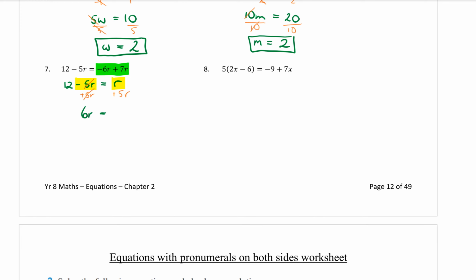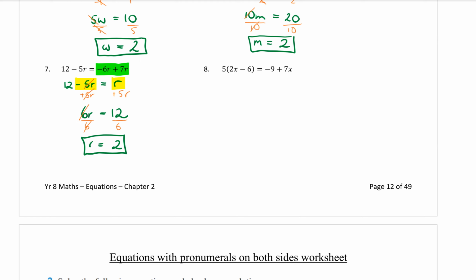And the 12 that was on the left, we're moving across to the right over here. Then there's just one more step to do, which is to get rid of that 6. It's times, so we need to divide by 6. R is by itself, and 12 divided by 6 is 2 again.